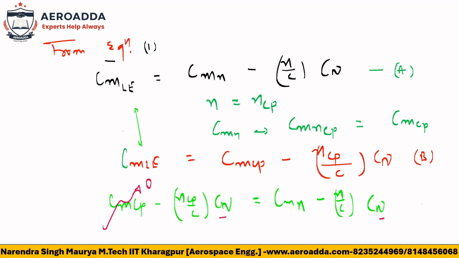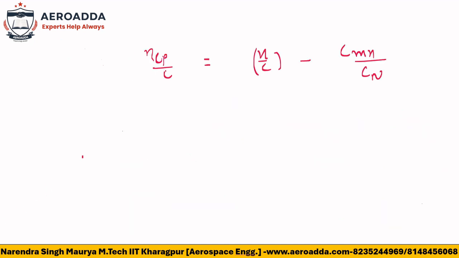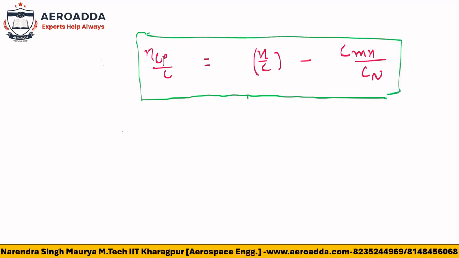So this you just perform the steps. You will get. Now this is the final expression for the location of the center of pressure. Okay, location. This is what location of pressure.